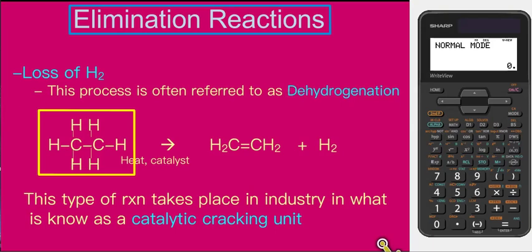So what happens between the two carbons? I need to form another bond here. I wrote that in black. That means I must remove a hydrogen from the carbon on the left and one from the carbon on the right. I remove these. Can you see? How many hydrogens did I remove there?